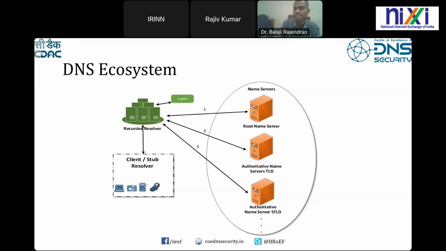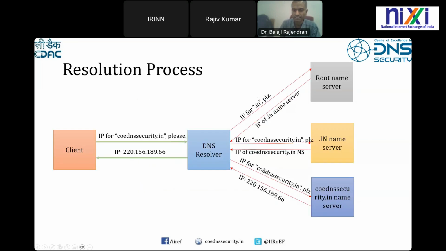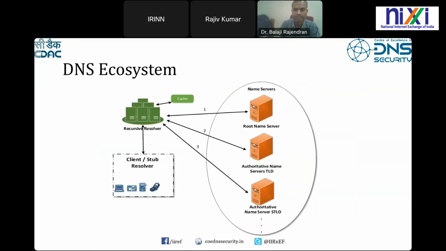I'm using a new vocabulary here, authoritative. For example, in the previous slide, the .in name server is the authoritative name server for the .in namespace. Similarly, coidnssecurity.in is the authoritative name server for its namespace.